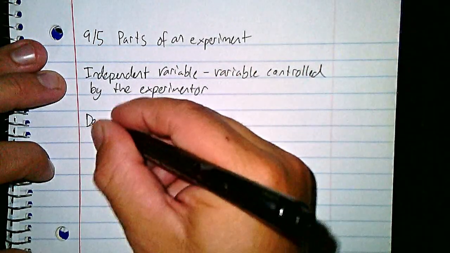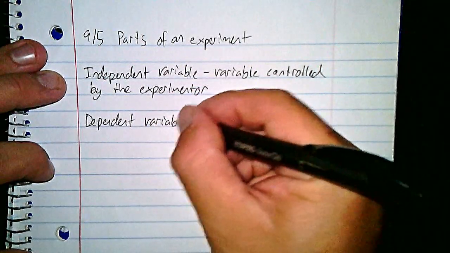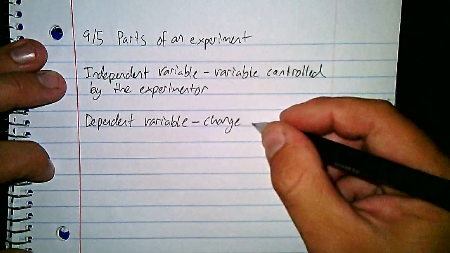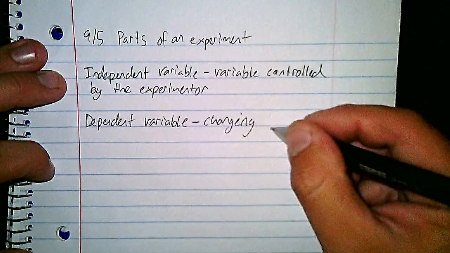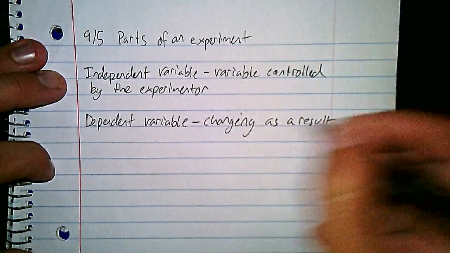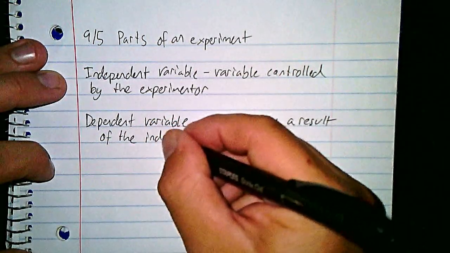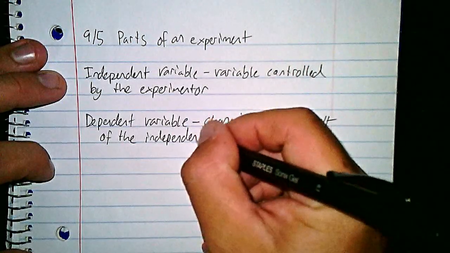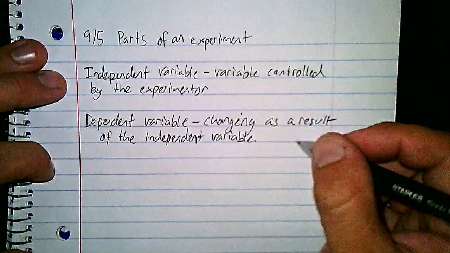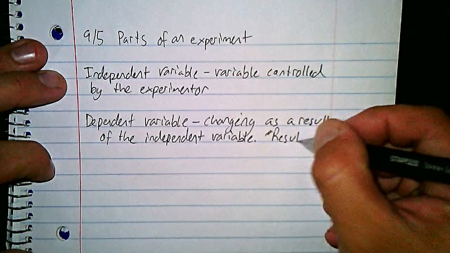and our dependent variable changing as a result of the independent variable. Okay, and sometimes we're really just calling these things the results.